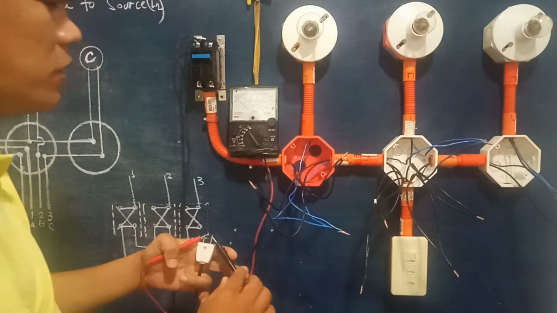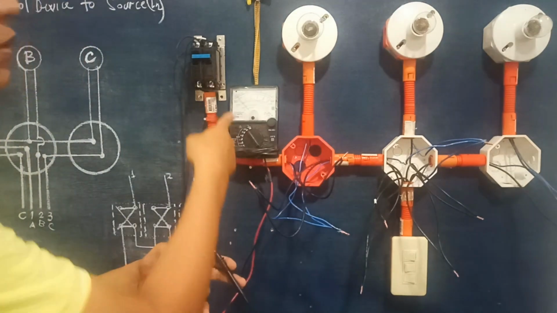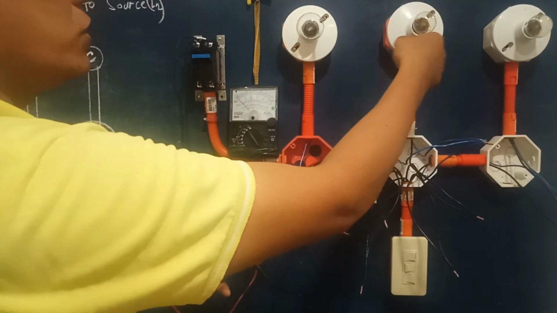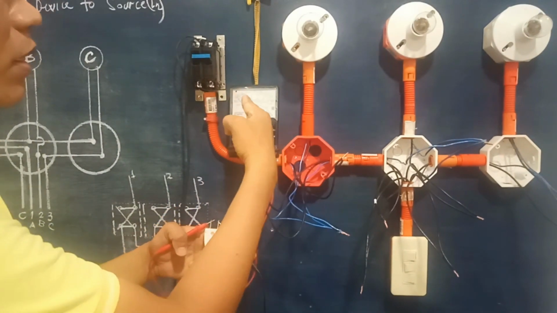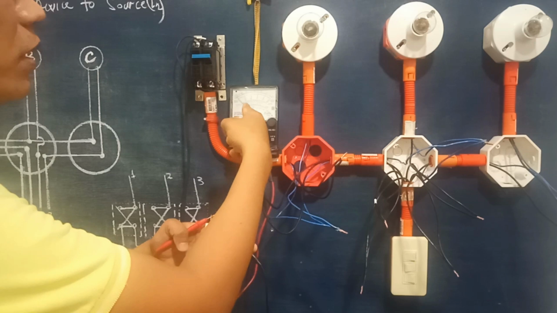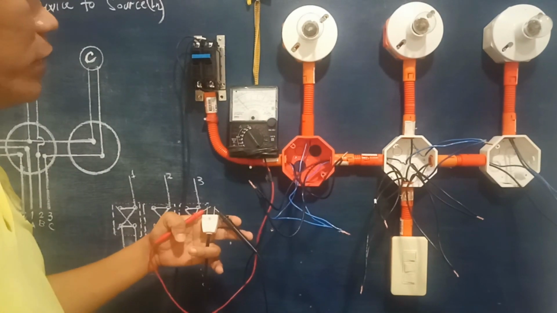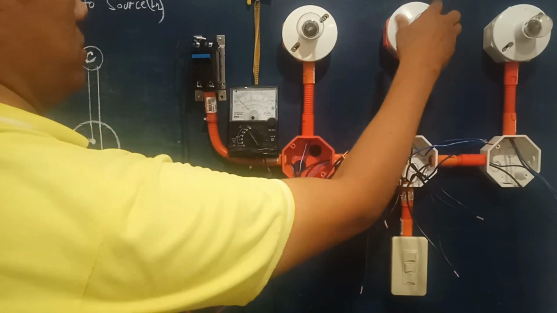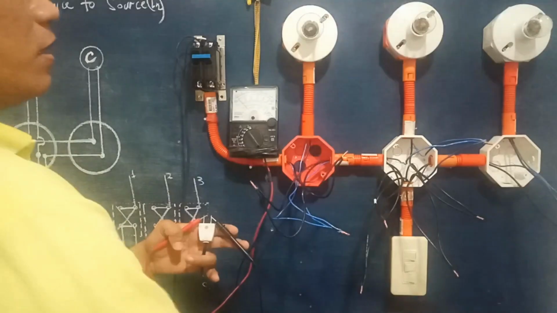Okay, so we gotta check bulb B. Okay, still there is continuity. But once I remove or loosen bulb B, there should be a response from the pointer of the tester and it goes back to the 0 position this way. Okay, so back, alright, off.